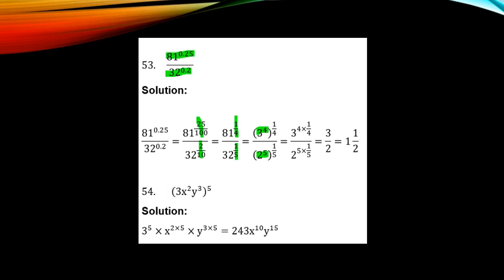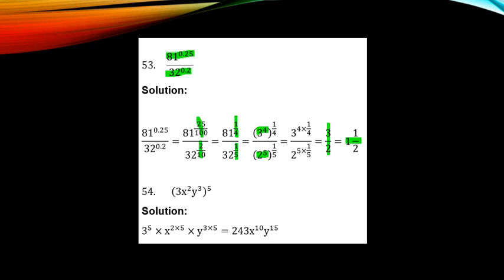So if you apply the power law, you have 3 power 4 times 1 over 4 all over 2 power 5 times 1 over 5. 4 times 1 over 4 is 1. 5 times 1 over 5 is 1. So we are left with 3 over 2. That can also be expressed as 1 whole number, 1 over 2. That is mixed fraction.